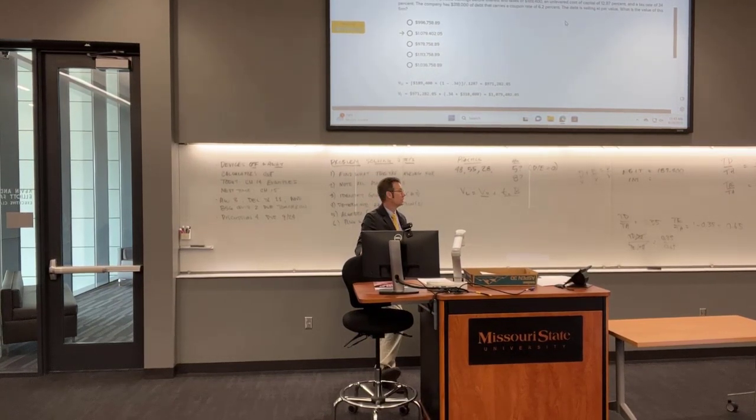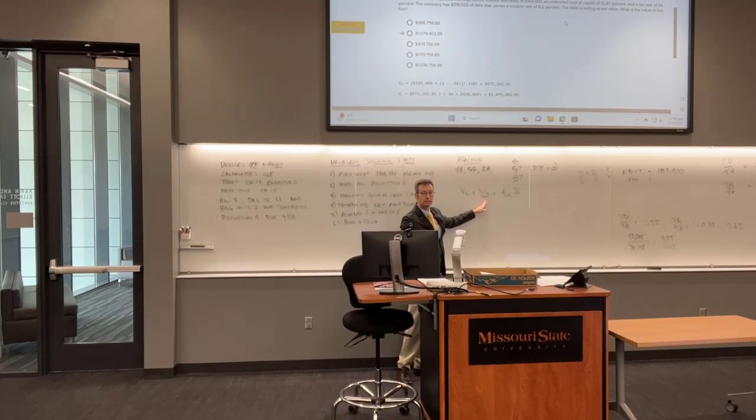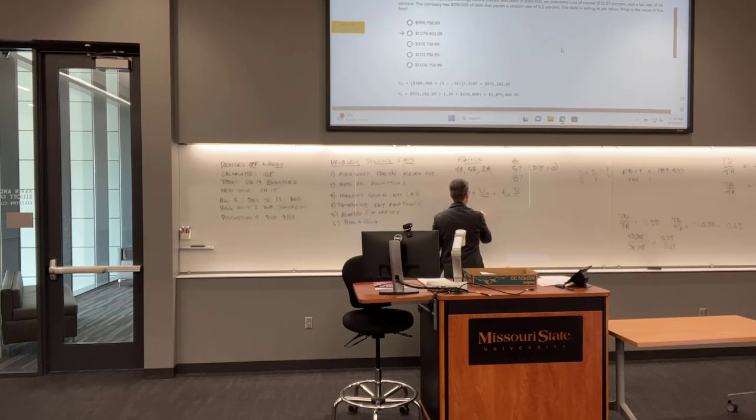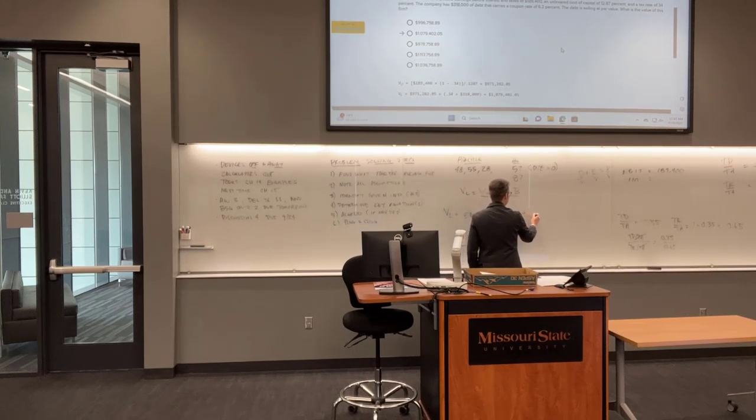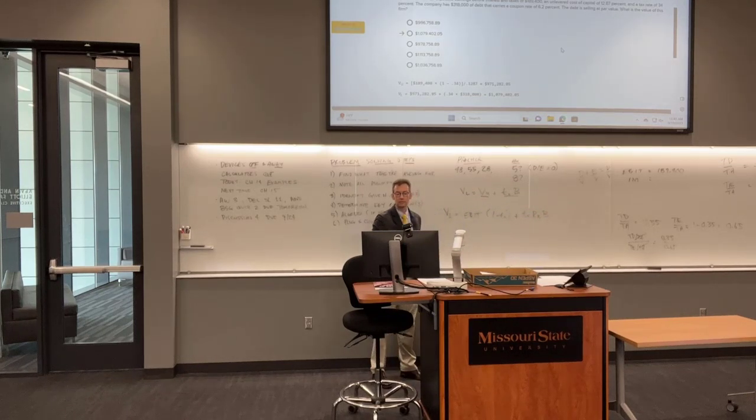Because if you look at the tax shield definition of this, the value of the levered firm is equal to EBIT times 1 minus T sub C plus T sub C times R sub B times B. Did I get that right? Or do you guys even know?